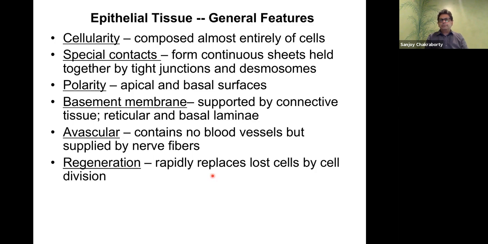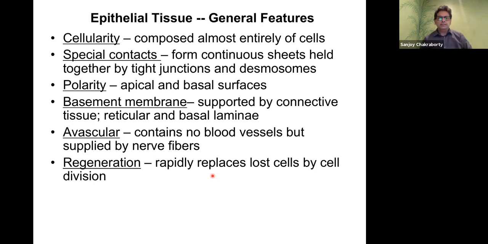Okay. Spatial contacts. We know epithelial tissue's first function is that it covers. Like this is the cover or lining of the blood vessel. That's a covering inside. So how do you cover? Like when you cover your bed, you use a bed sheet.